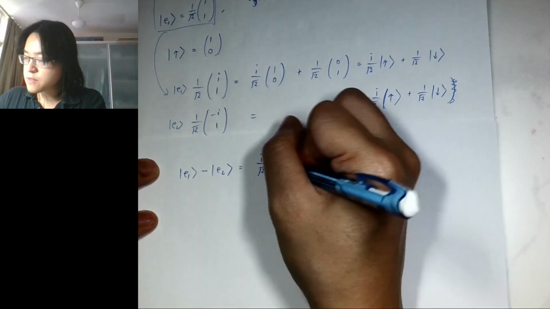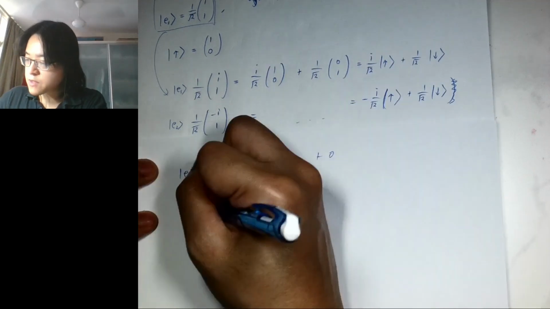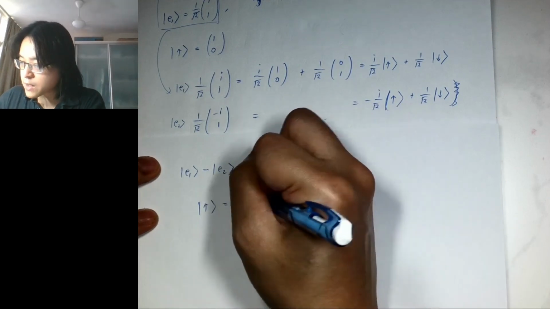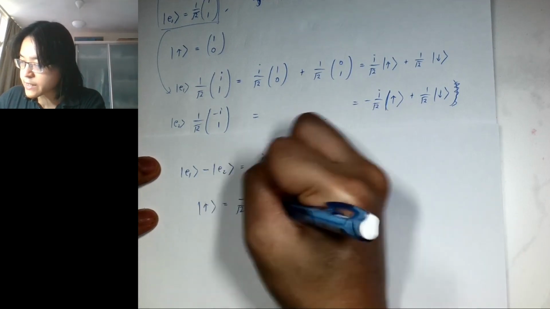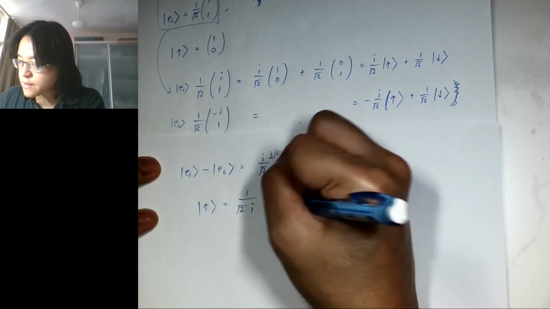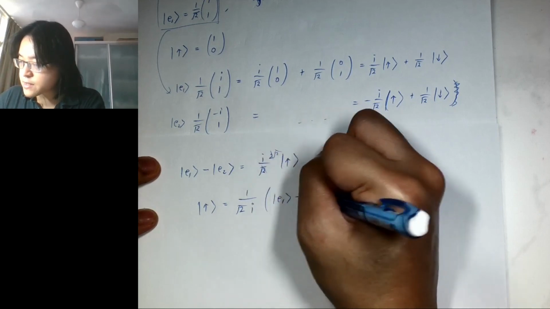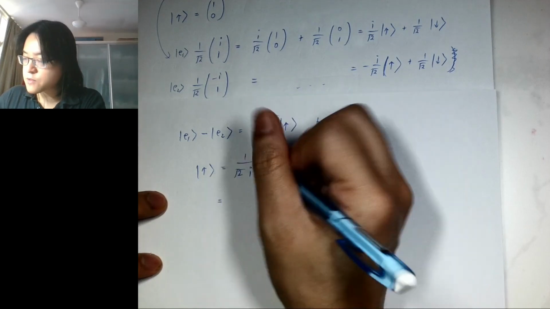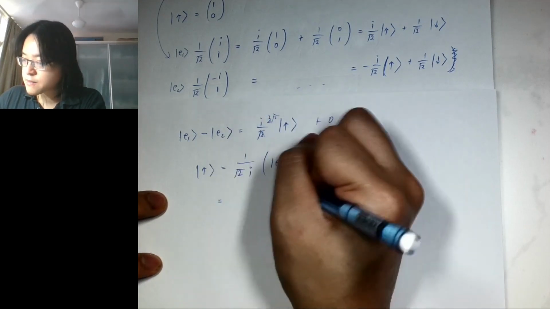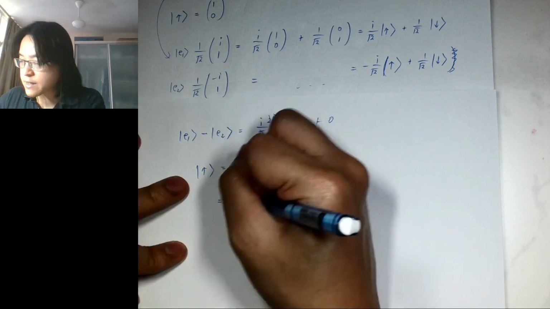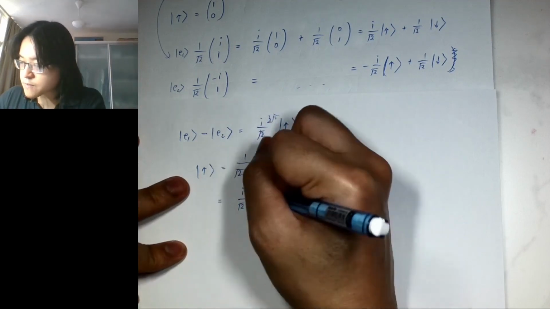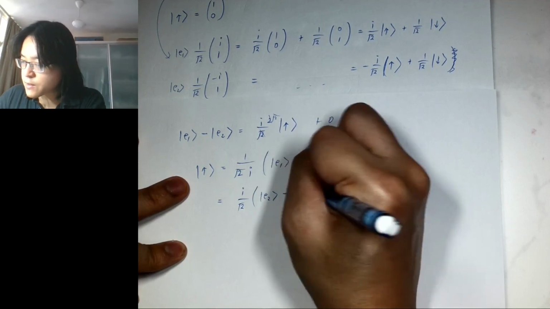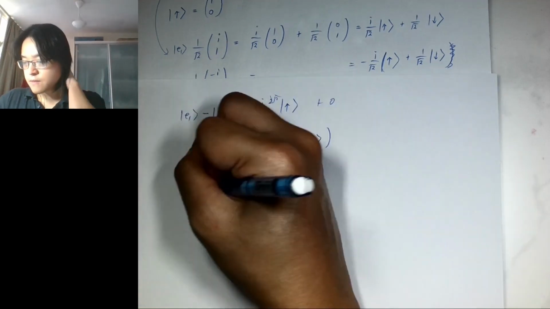So this becomes root 2. So the spin up is actually 1 over root 2 I, E1 minus E2, and then what you have here is minus I. So let me bring the I on top: E2 minus E1.